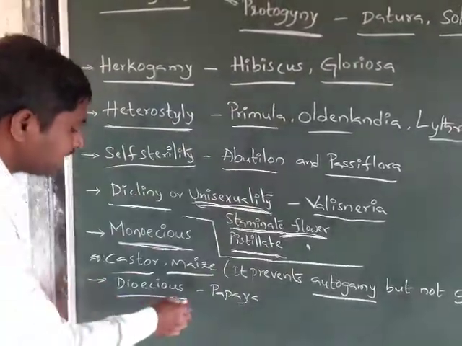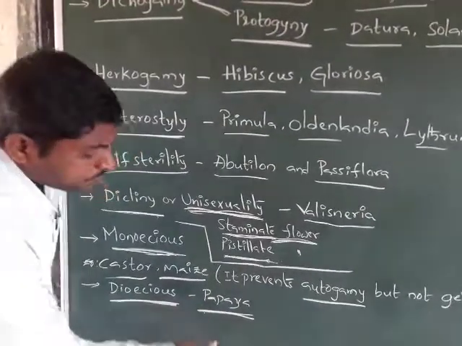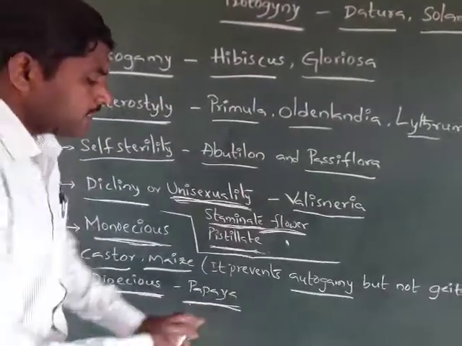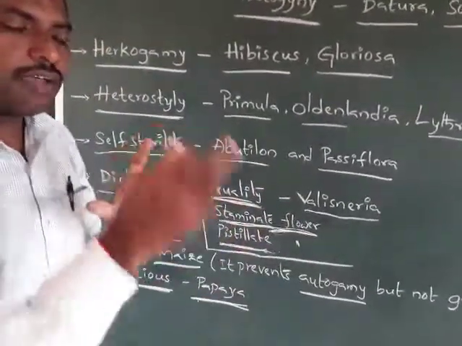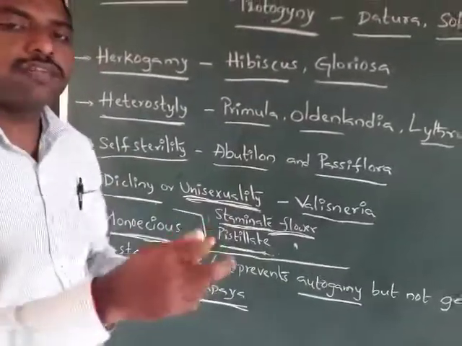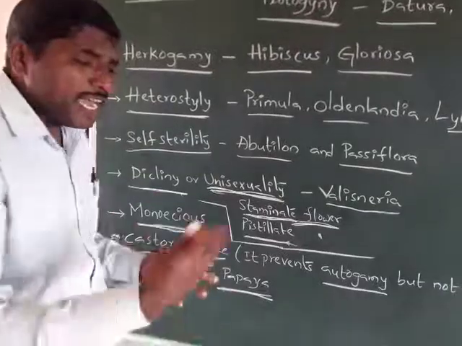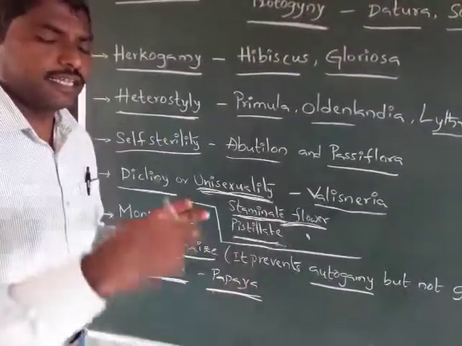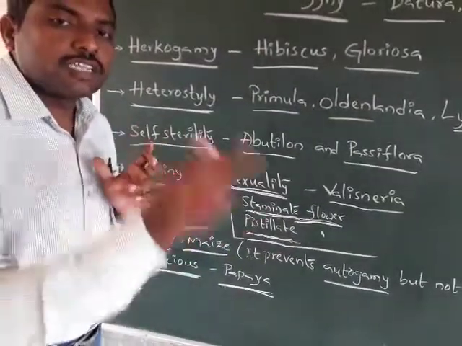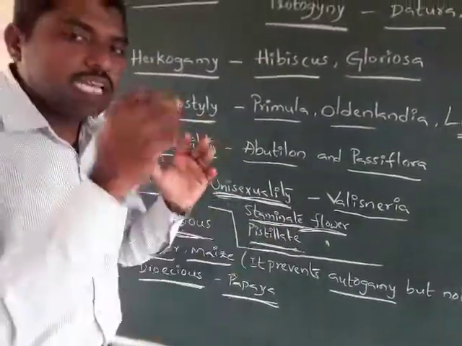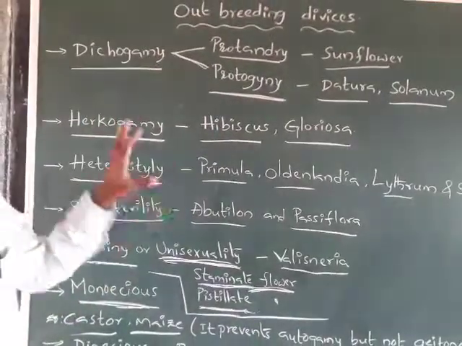That is called dioecious. Example, the papaya plant, with male plants having male flowers and female plants having female flowers. It encourages cross pollination and avoids self pollination. So these are the outbreeding devices.